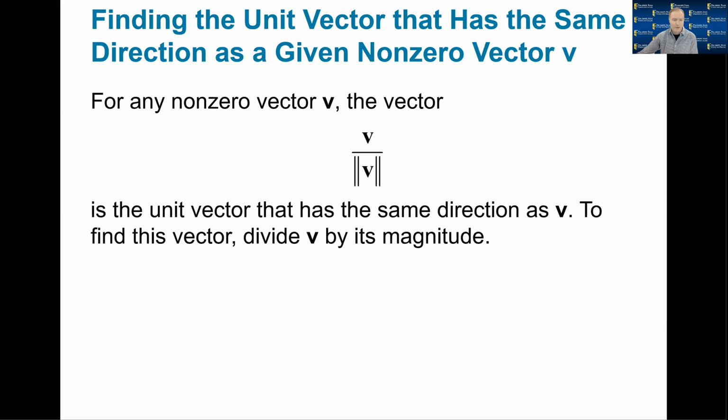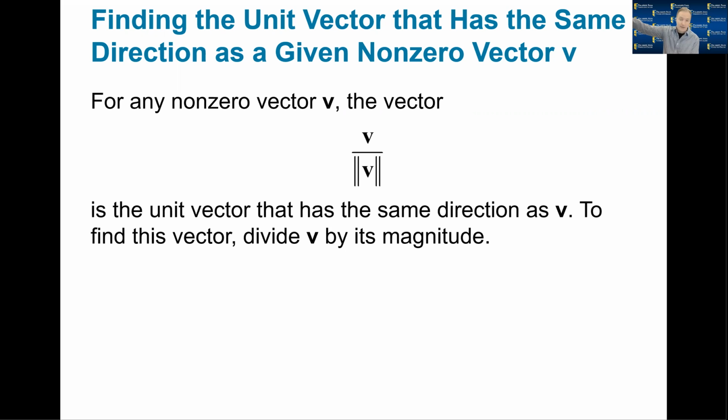Now, if I want to talk about a unit vector of any vector v, then you'd say, well, all right, if I take any vector v and divide by that vector's magnitude, then I'm going to get a unit vector in the direction of vector v. And you say, well, okay, that needs to make sense because what if I have a vector of length 10 at an angle of 30 degrees?